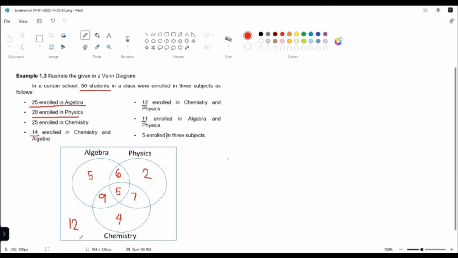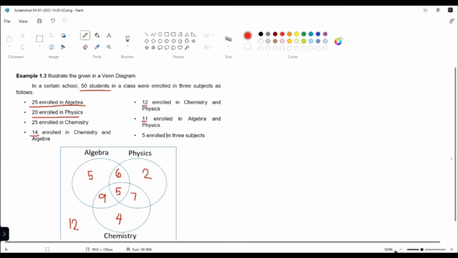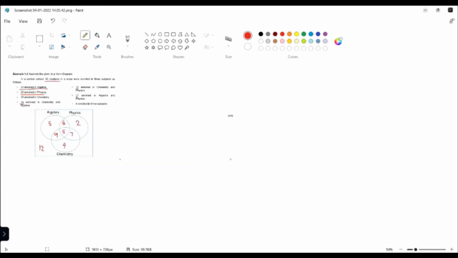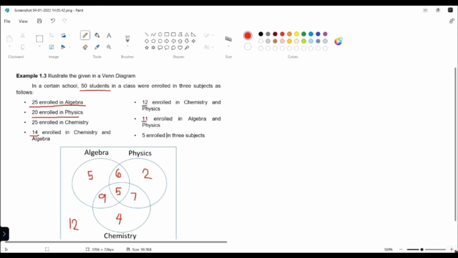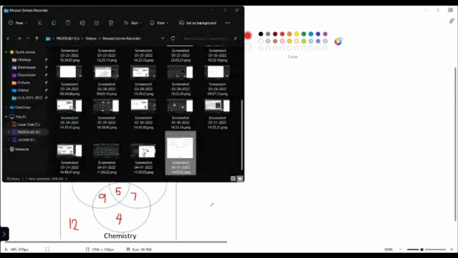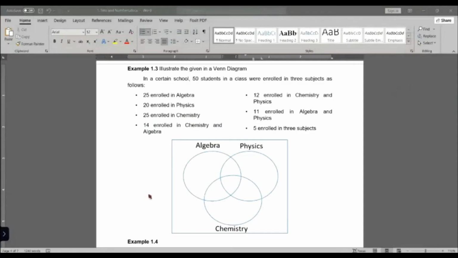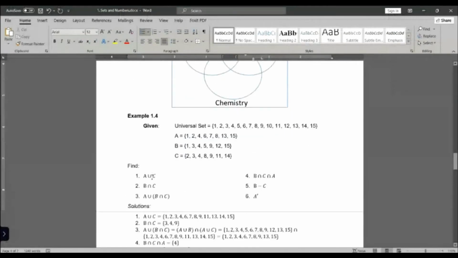Now let us proceed to another example. I need more space. Example number 4.